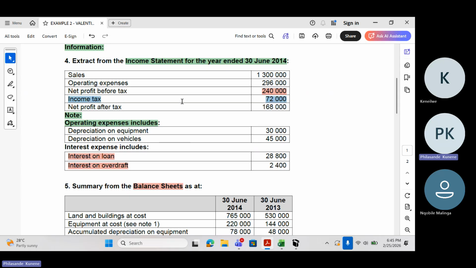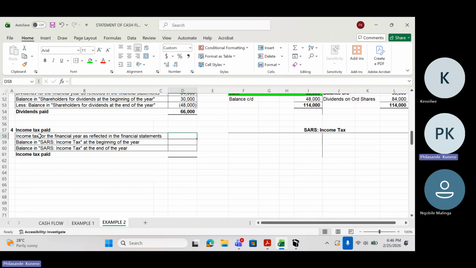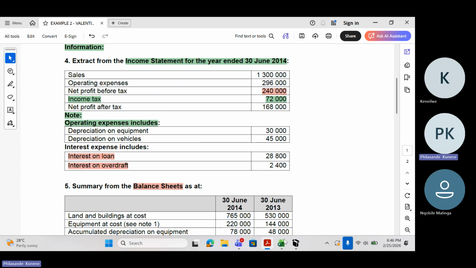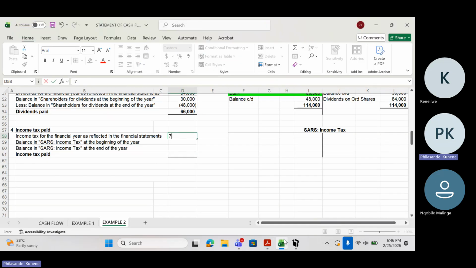If you look, guys, here we have income tax of 72,000 rands that is provided to us. So that is the income tax for the financial year as reflected in the financial statement. So I'm going to say 72,000 rands. That is for income tax.